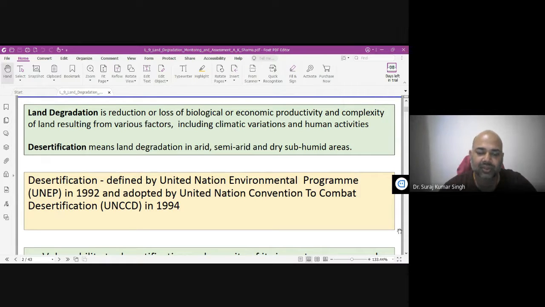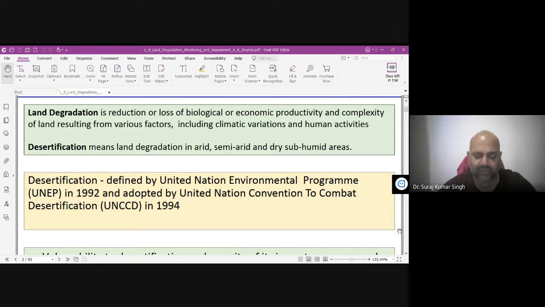So first, there is a lot of discussion going on, a lot of research papers are being published on land degradation, and we are situated in a desertic terrain. We are situated in Rajasthan, so there are a lot of land degradation activities continuously happening through anthropogenic activities or natural processes.